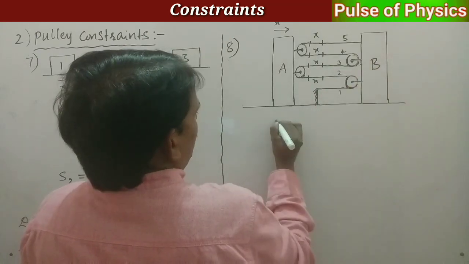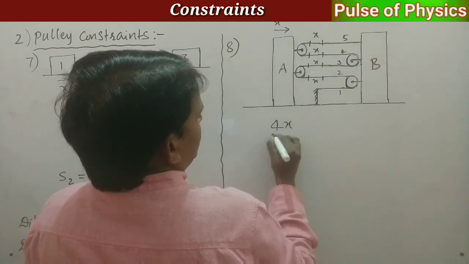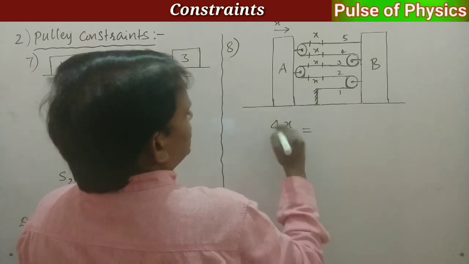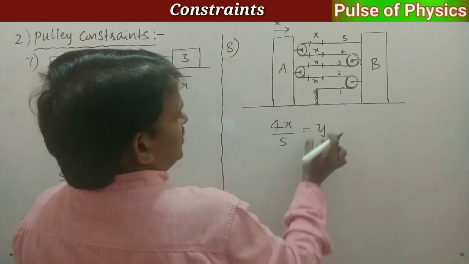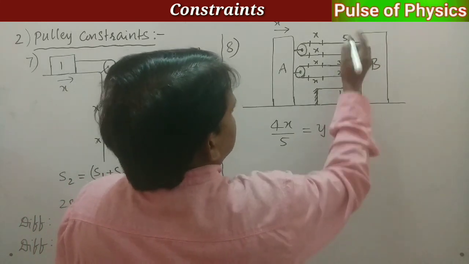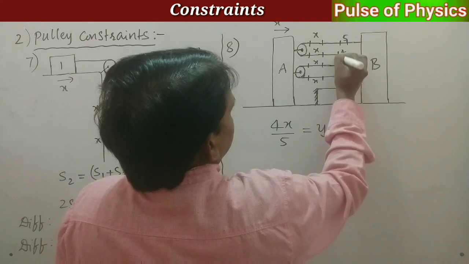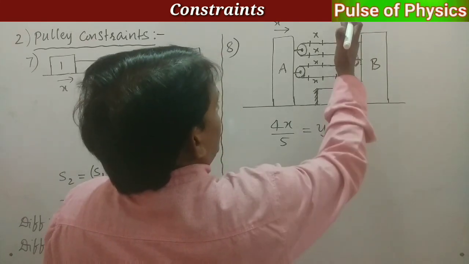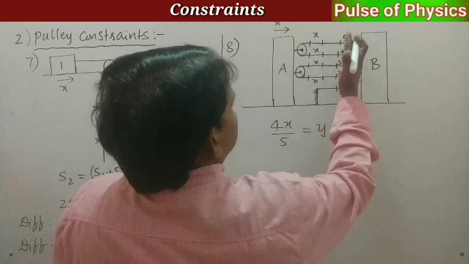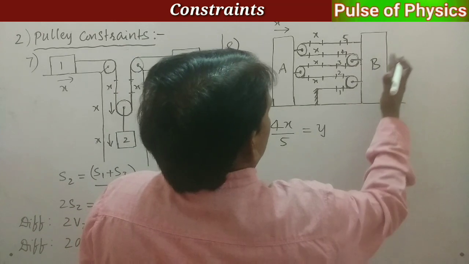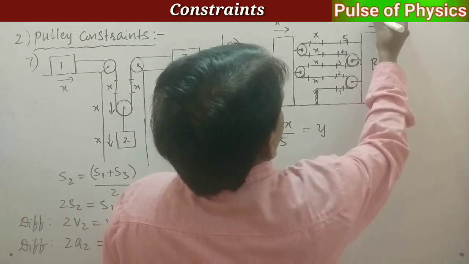That is 4x length of the string divided into 5 equal parts. That gives some value y. So y, length of string equally distributed in this, each length y. After transmitting y length of string to all parts, this block moves how much distance?